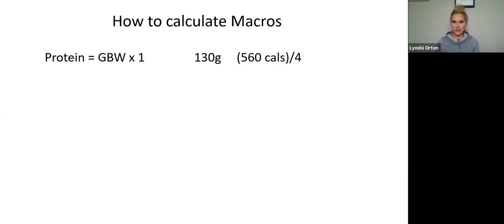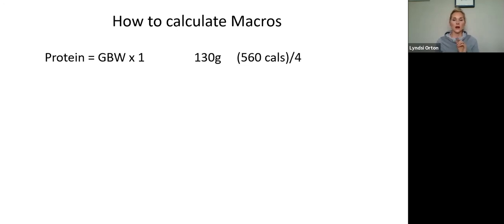But for this example, again, like I said, this is just a really easy way to calculate your macros. And again, there's more than one way, but this is a good one. So full body weight times 1 is 130 grams of protein per day. And if you remember from our first video, we learned that 1 gram of protein is equal to 4 calories.